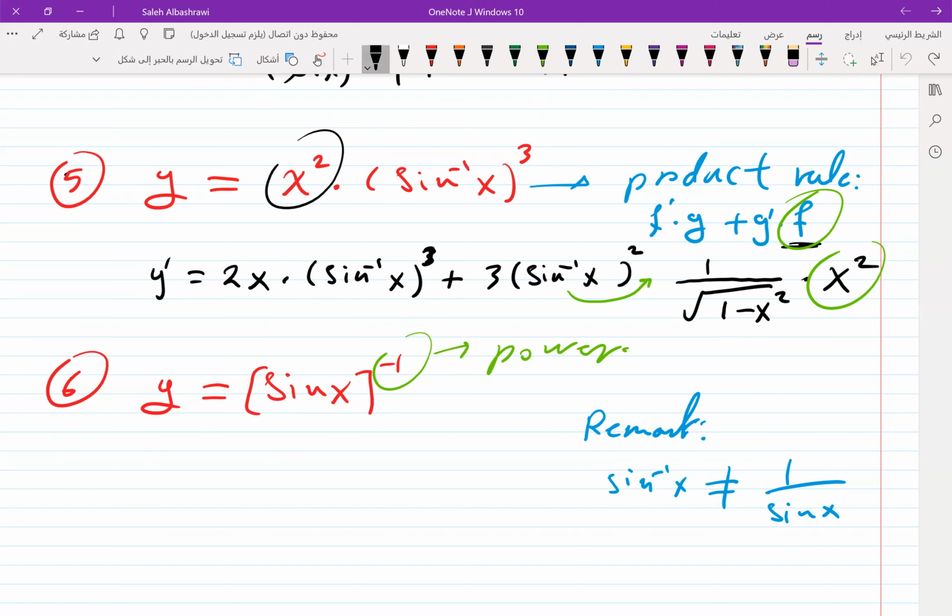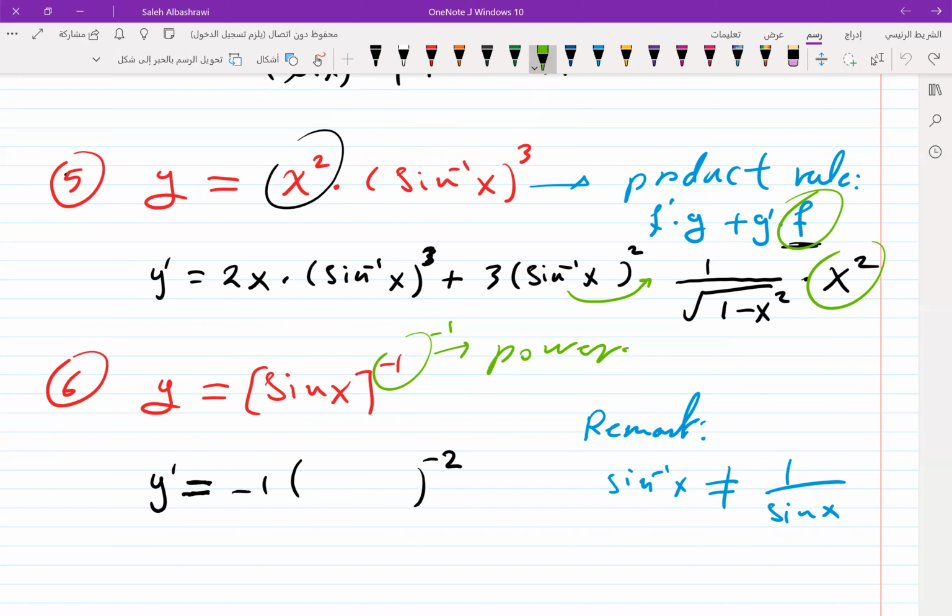So the derivative in this case, y prime is equal to minus 1 as the power, then minus 2. We know for the derivatives, when we differentiate the power, we subtract 1. We take 1 from the power. So minus 1, for the derivative, it is minus 1, minus 1.